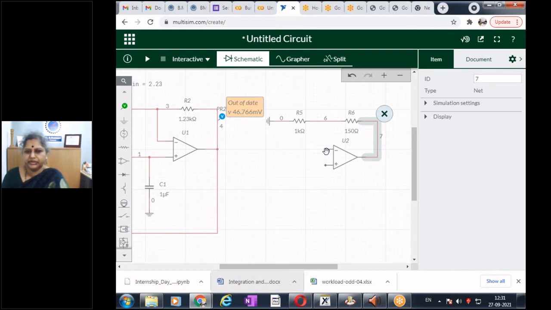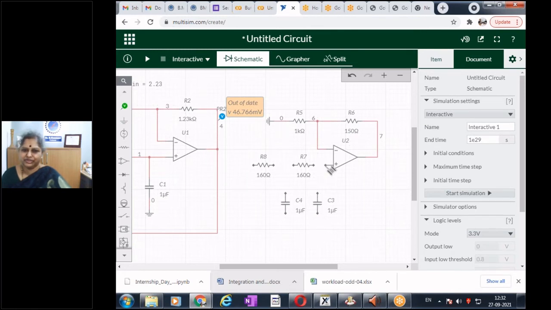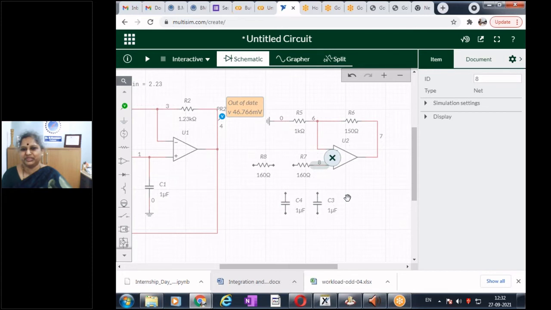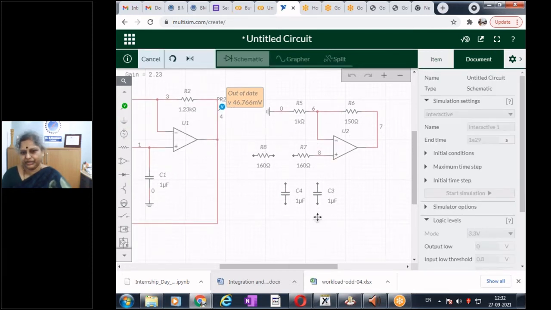I rotate. And what are the values? This is for a cutoff of 1 kilohertz. We know this resistor has to be 160 ohm, and this resistor also has to be 160 ohm. All resistors are 160 ohm. Ananya and Saranya, please follow and check if I'm not making any mistake.